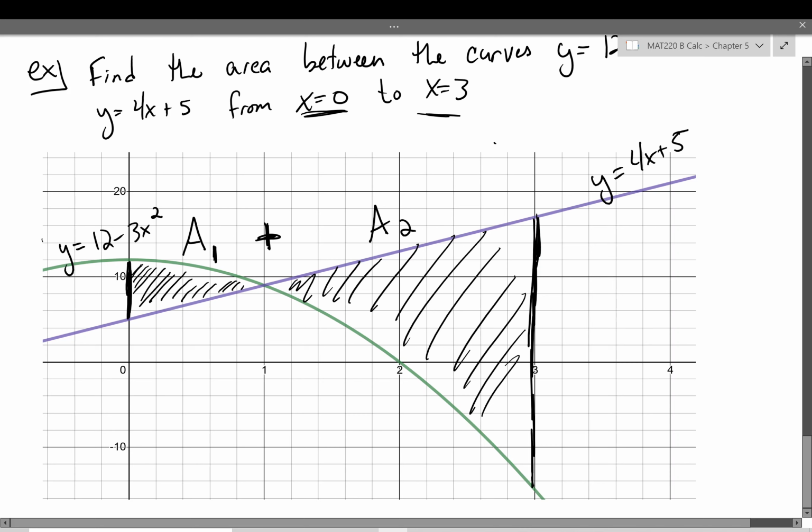In other words, area total is going to equal area 1 plus area 2. So we actually have to do 2 little mini problems, okay?